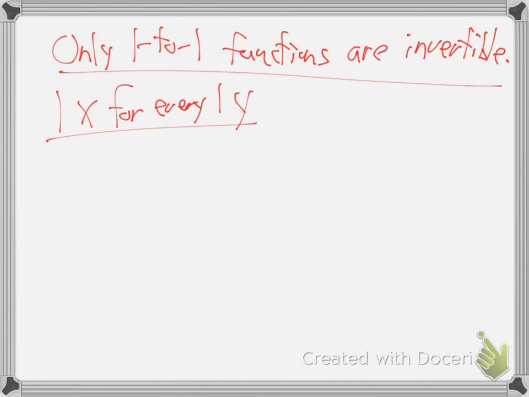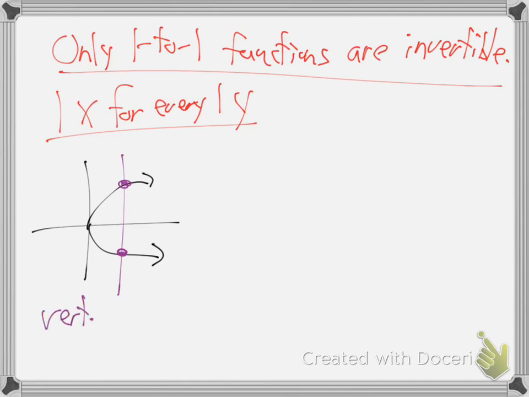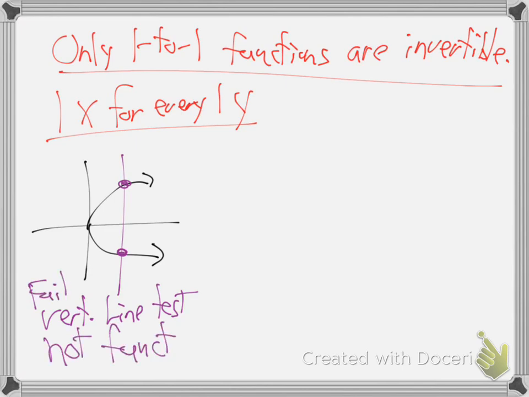Do you remember the vertical and horizontal line tests? Especially the vertical. If you have a function that looks like that, it's technically not a function, because a vertical line would hit 2 points. It would fail the vertical line test. Why is it not a function? Because you see this x value, let's make up a number, 2, and that's maybe up 3 and down 3.